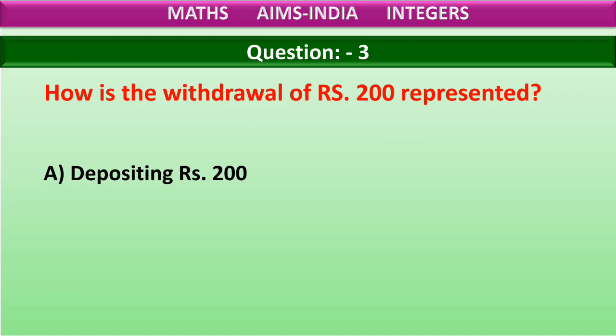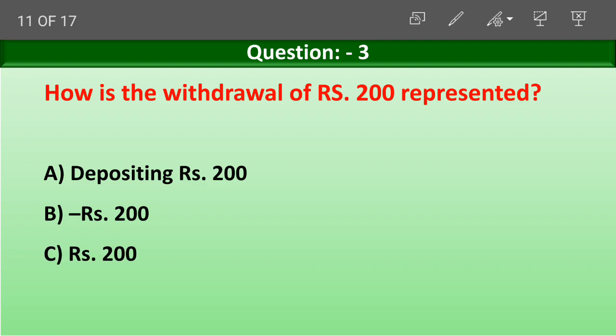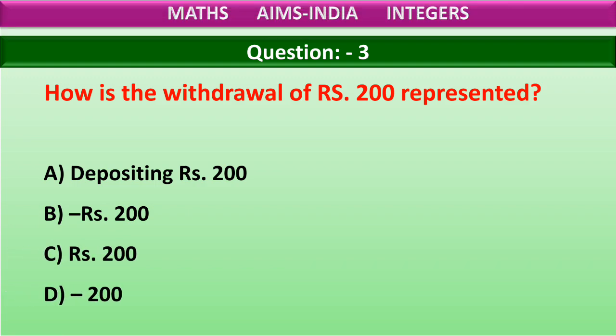How is it represented? A, depositing 200 rupees. B, minus 200. C, 200. Option D, minus 200. Now which is the correct answer here? Right, option B, minus 200. As I said, negative integers are also used when we owe some money to others.